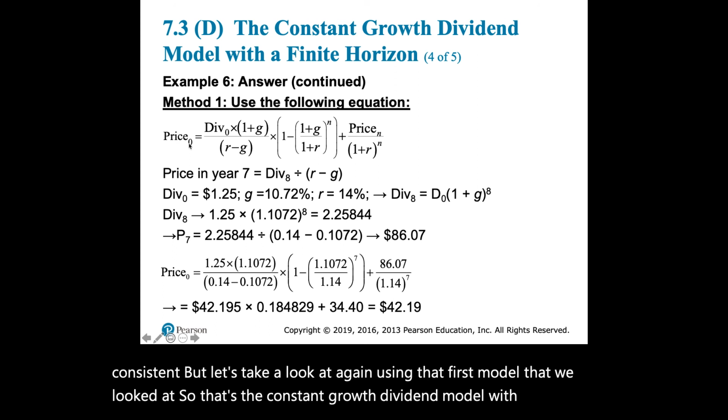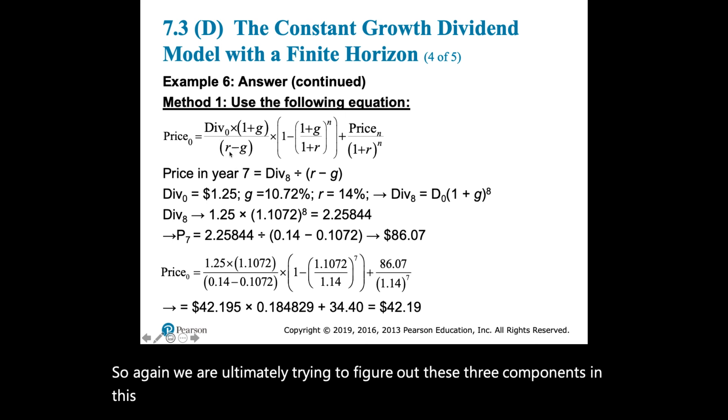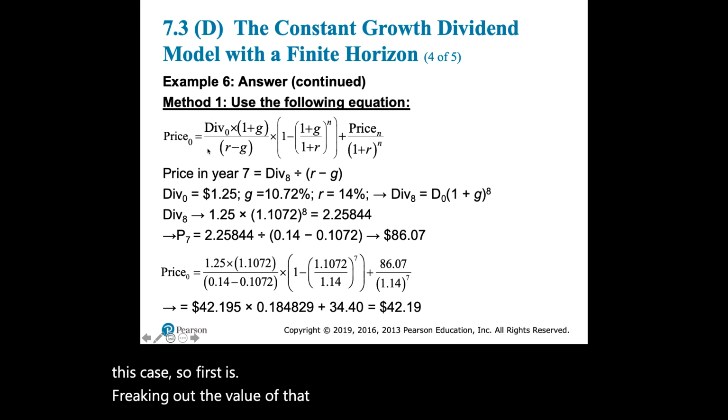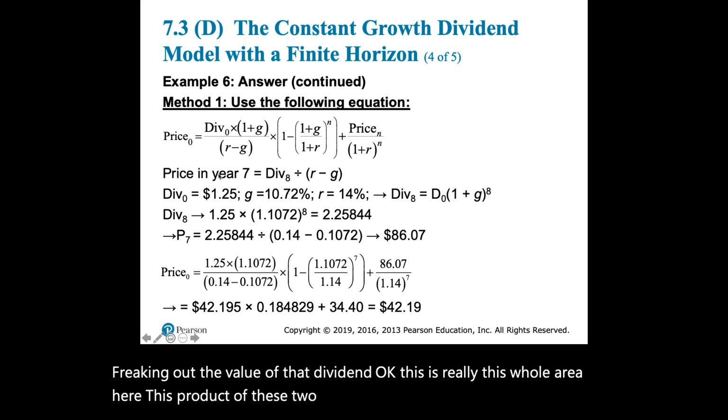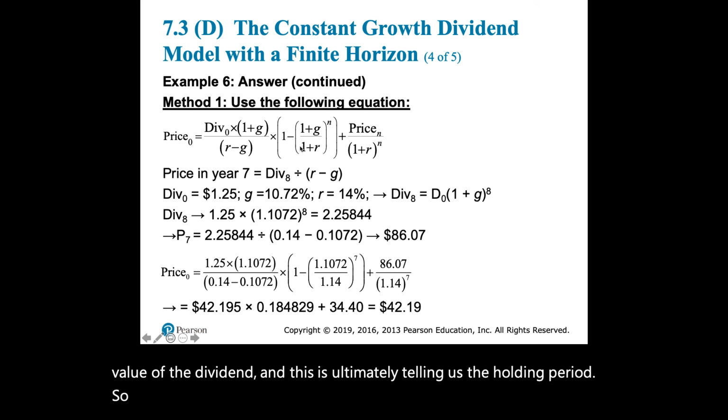Okay, this whole area here, this product of these 2 equations is ultimately figuring out the value of the dividend. Okay, and this is ultimately telling us the holding period, okay? So ultimately what we're looking at is we have the value, imagine that we held it forever, okay? The value of that dividend would be $42, okay? But because we're only holding it for a certain amount of time, we're getting it for a certain percentage, okay?